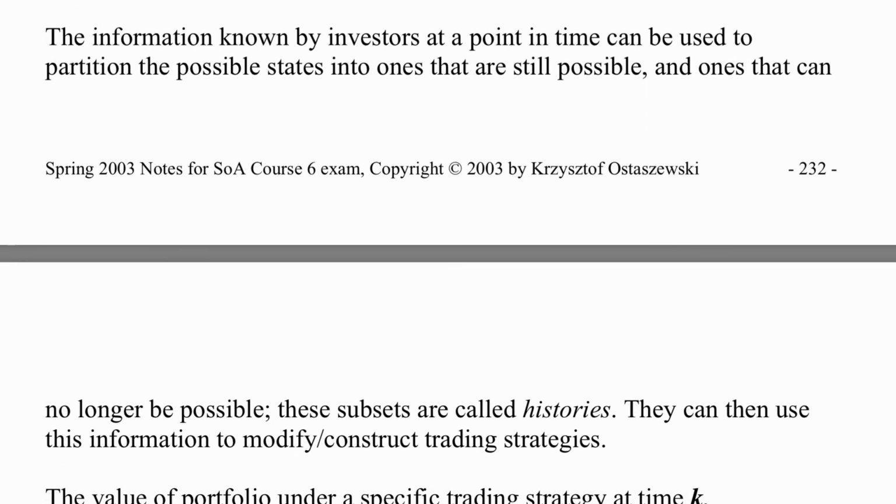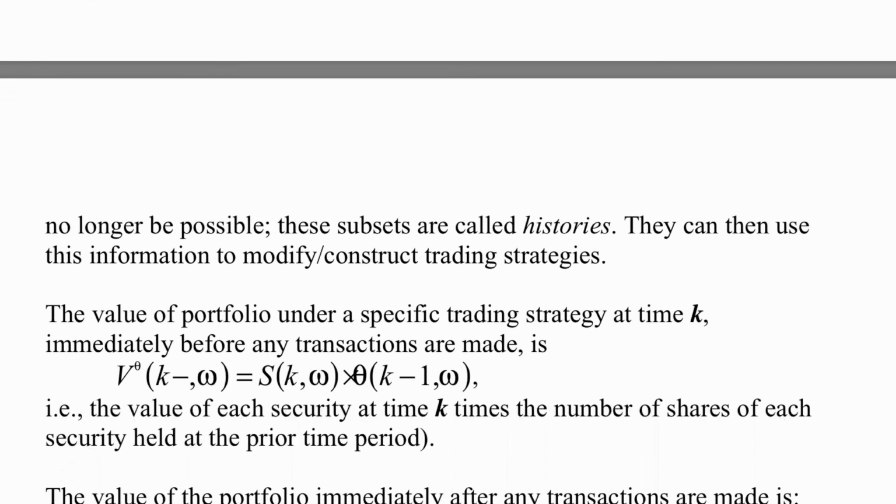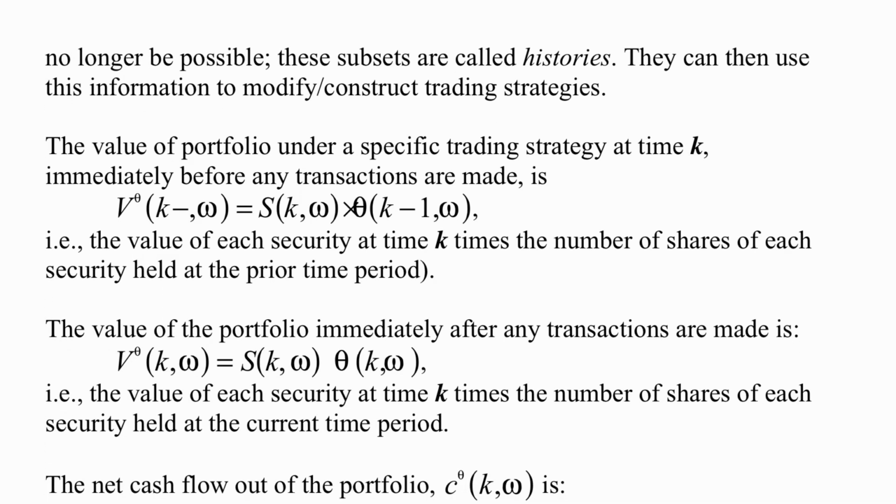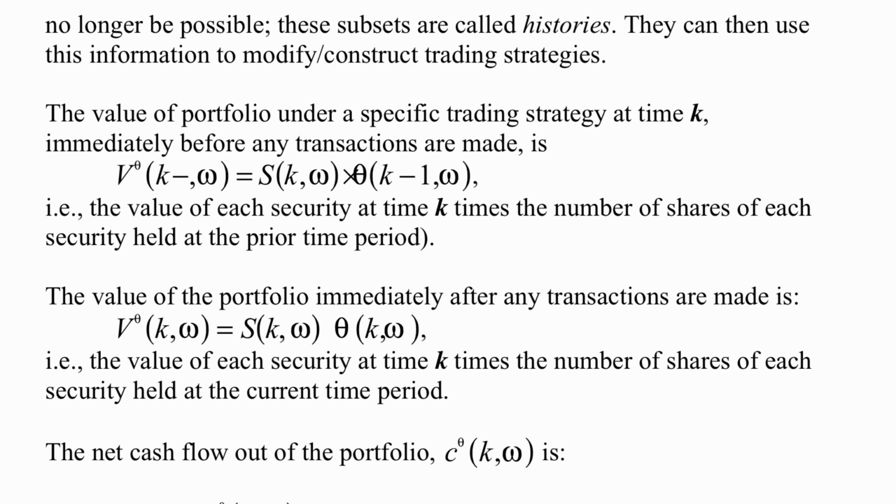The information known by investors at a point in time can be used to partition the possible states into ones that are still possible and ones that can no longer be possible. These subsets are called histories. They can then use this information to construct trading strategies, they being the investors.